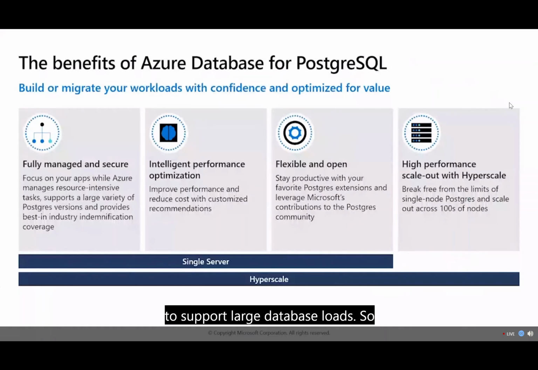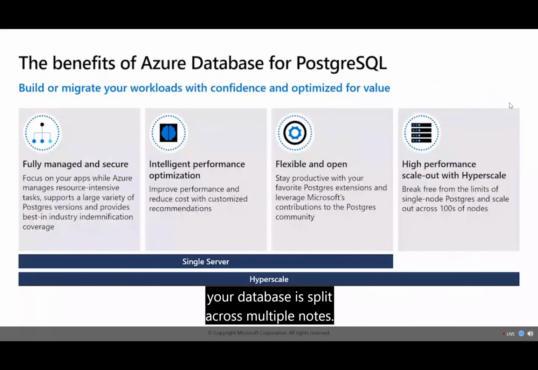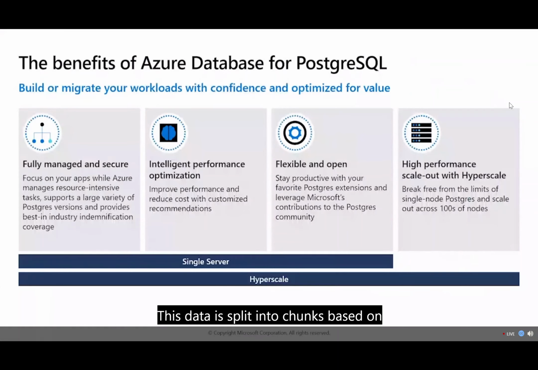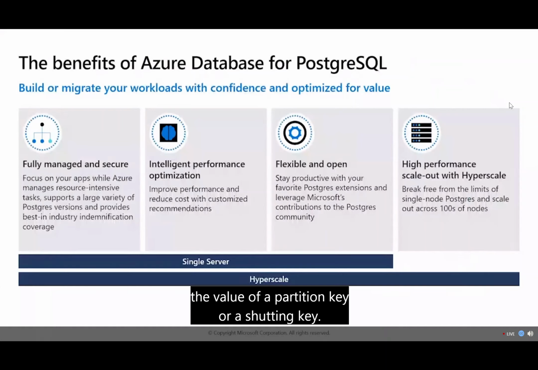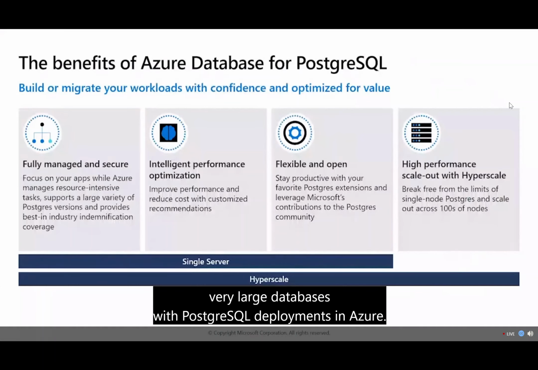Now, the hyperscale option is a deployment option that scales queries across multiple server nodes to support large database loads. So your database is split across multiple nodes. The data is split into chunks based on the value of a partition key or a sharding key. So you should consider using the hyperscale option for very large databases with PostgreSQL deployments in Azure.